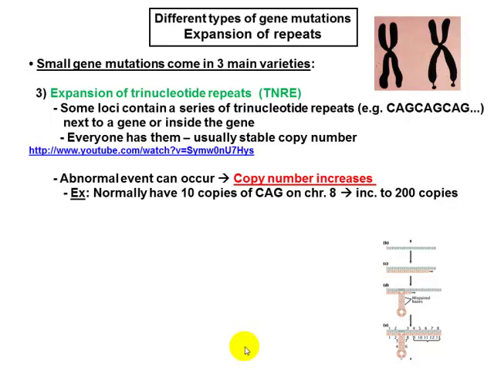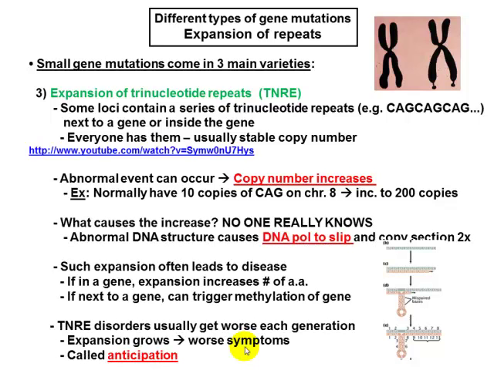What happens here is that when you have the replication of the chromosome, the replication of the genes, we don't really know why that happens, but a particular segment of a gene that has repeat sequences gets a lot more repeat sequences than it's supposed to have in the first place.